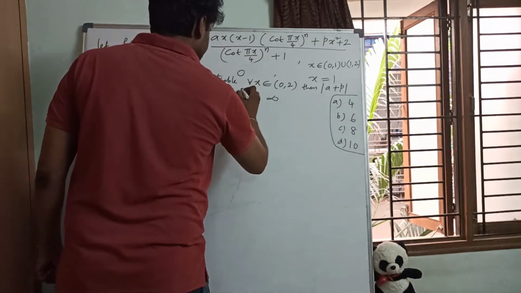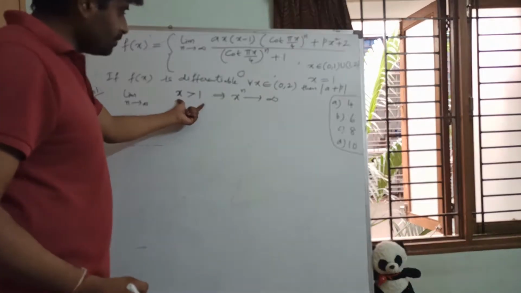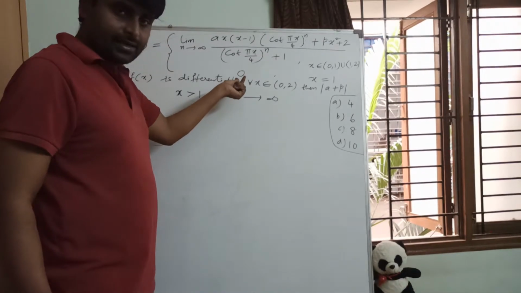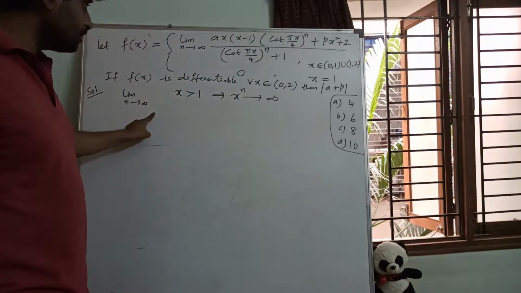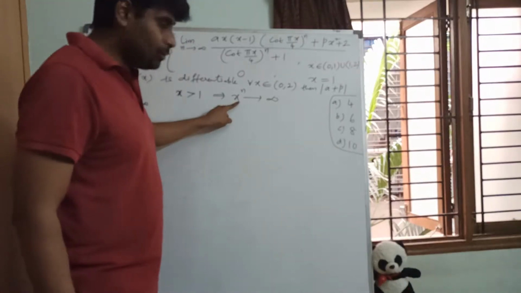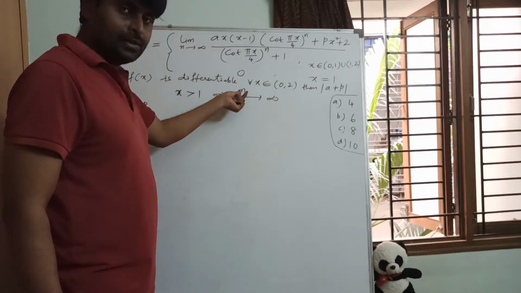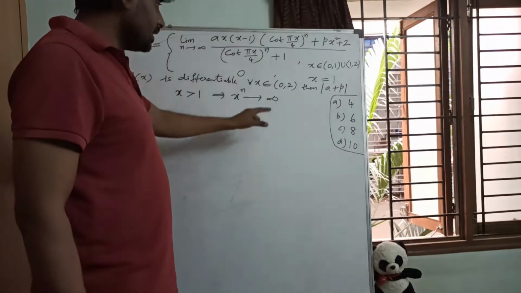Whenever you substitute a value more than 1, that value power n always tends to infinity, because n tends to infinity. Any finite value power infinity is infinity only, because infinity is the greatest value. If you multiply any finite number infinite number of times, that gives you infinity.